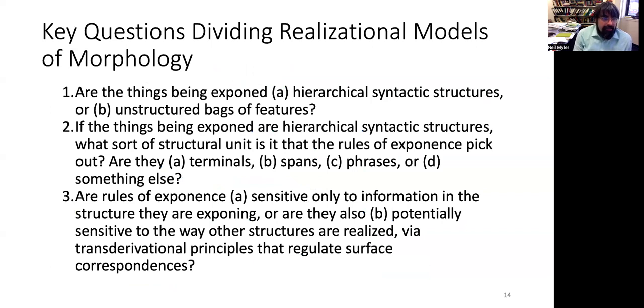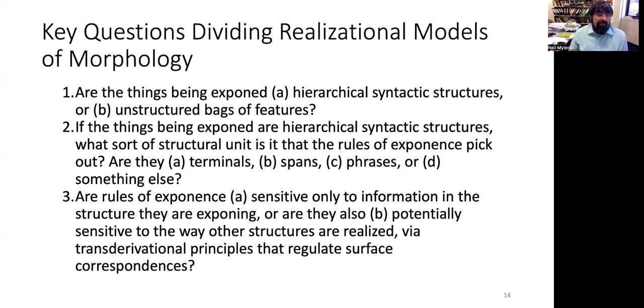after, I think it was in the second half of the semester, I realized that the key questions that divide the realizational models of morphology are probably these ones. Assuming that you've chosen a realizational model of morphology, and I think you should, you've got to ask yourself three questions.